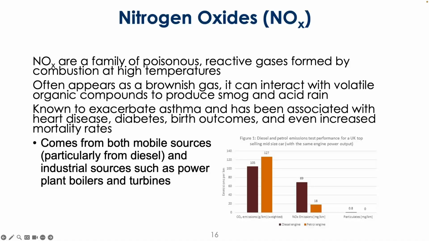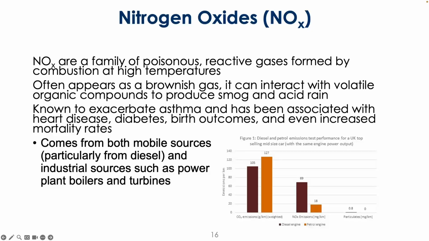Nitrogen oxides. This is a family of gases formed by combustion at high temperatures. I believe I've mentioned this before, right? If you have combustion in the presence of air, which is majority nitrogen, you can be producing nitrogen oxides if the combustion is happening at high enough temperatures.